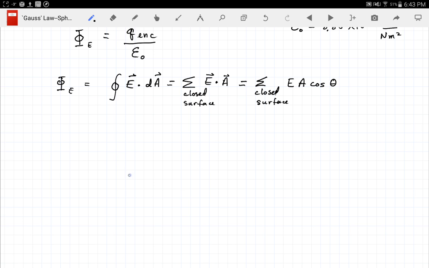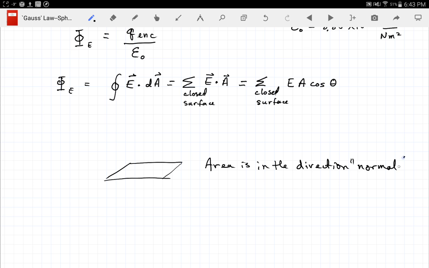If I have a surface, and I want to know what direction the area points, the standard used in physics is that the area is in the direction normal to the surface.